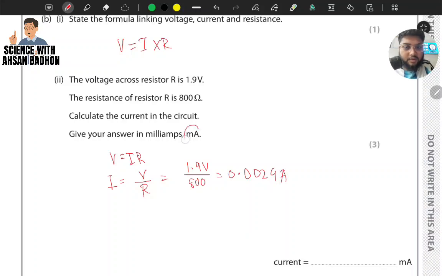The question asked for milliamperes, so we need to multiply it by 1000 to get milliampere. So that should be 2.4 milliampere. Okay, so the answer is 2.4.